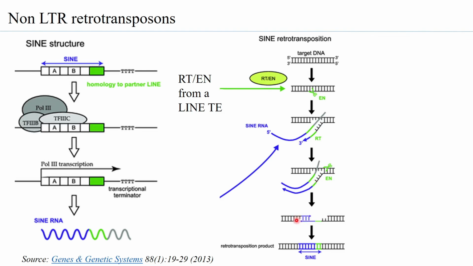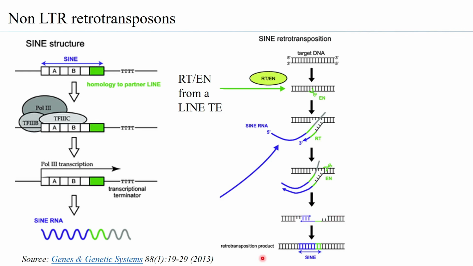And you can see at both the ends of the SINE you would have the target site duplication, because when it is cut, it leads to staggering of just about 2 to 3 nucleotides, and because of that you would have copies of the same 2 to 3 nucleotides present on both the sides of the SINE.